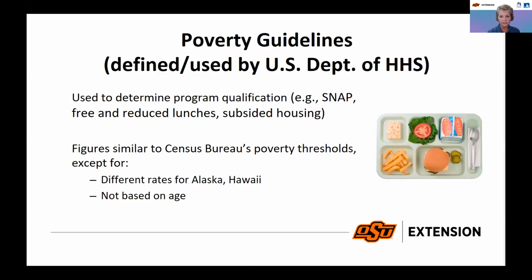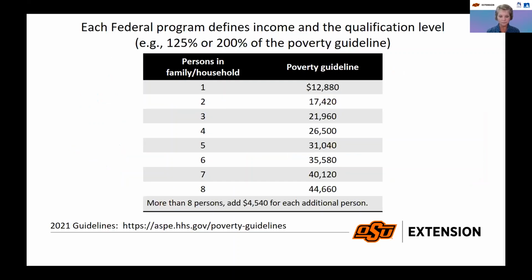The poverty guidelines are defined by the U.S. Department of Health and Human Services and are used to determine whether a household qualifies for most government aid programs. The numbers are very similar to the Census Bureau's poverty threshold numbers. The big difference is that the poverty guidelines allow for differences in living cost between Alaska, Hawaii, and the continental states. Another difference is that the guidelines do not take a person's age into account.